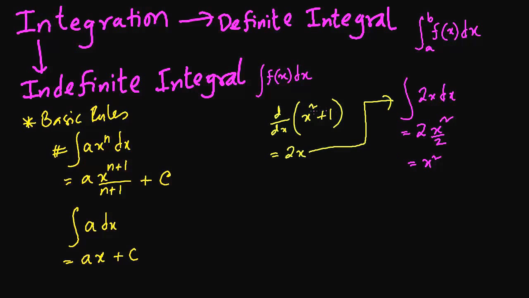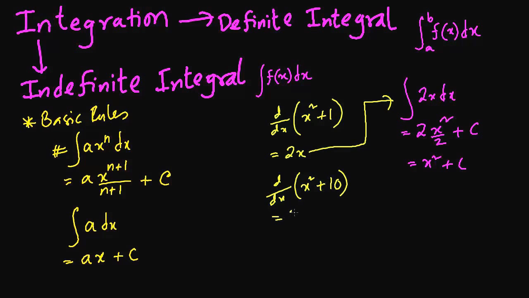Notice the original expression that we differentiated was x squared plus 1. But since the plus 1 disappeared in the derivative, we could not retrieve it. So we have to write a plus c, meaning that there was an original constant. Let me show you another example. Suppose you have d by dx of x squared plus 10.